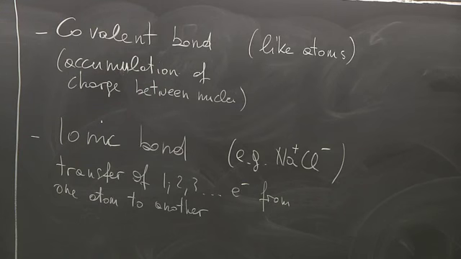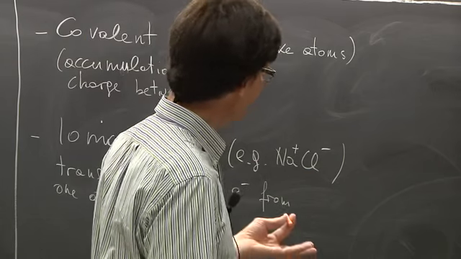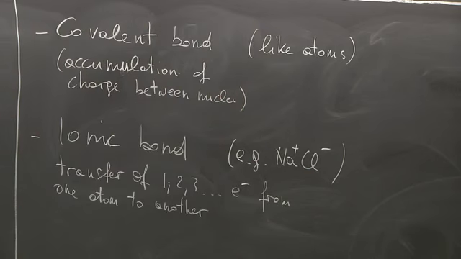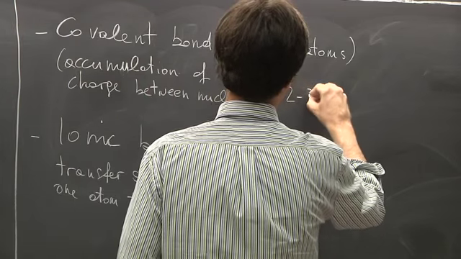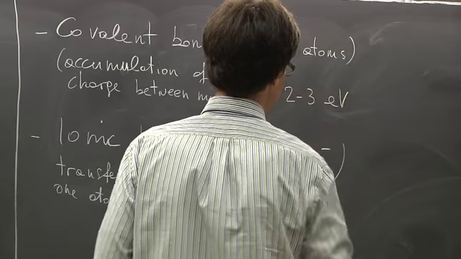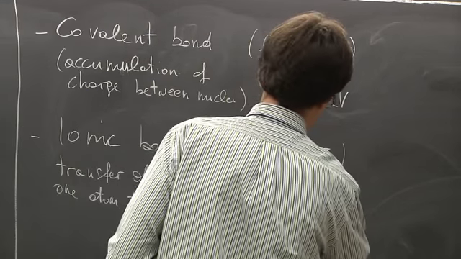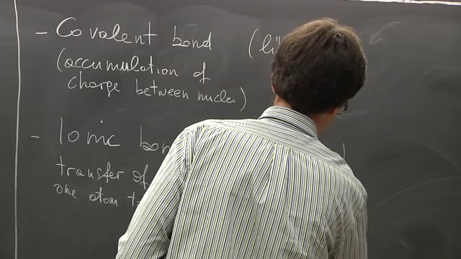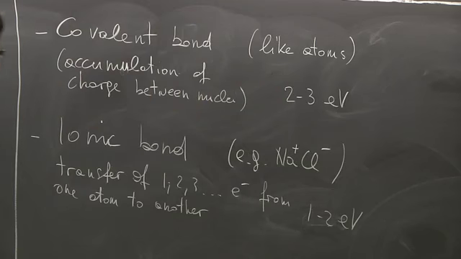By the way, in terms of the value of the energy gain by forming these bonds, we're typically talking about 2, 3 electron volts here, and something similar here, 2, 3 electron volts, probably a bit less here, 1, 2 electron volts, in the case of the ionic bond, per pair of atoms.